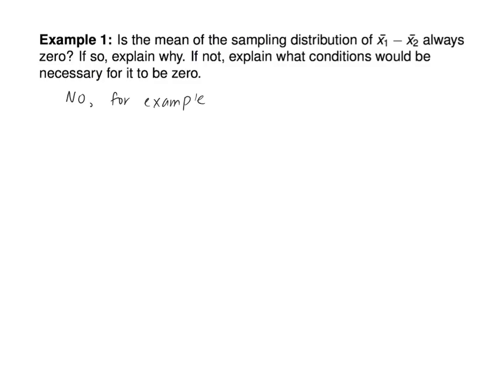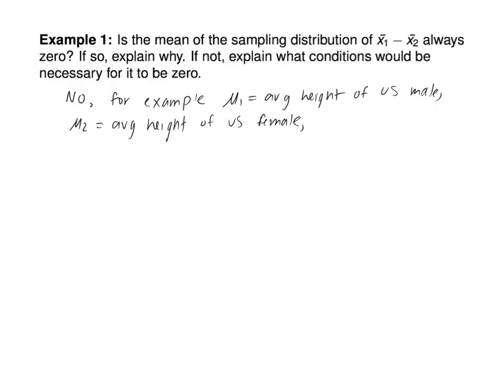For example, mu1 could be the average height of a US male, and mu2 could be the average height of a US female.